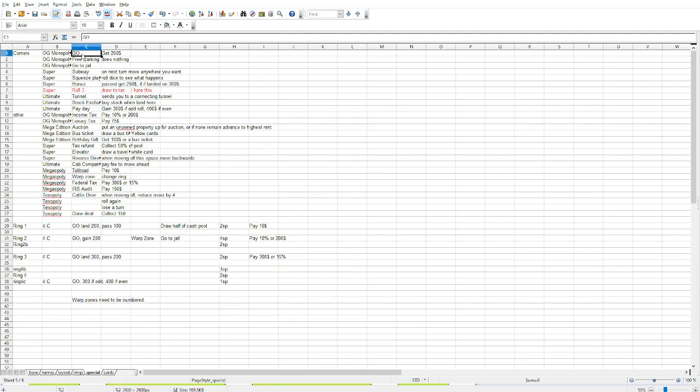Okay, I'm going to mark things in green if it's something that I have used and don't feel like using again at this time. That's too light. There, that'll do.